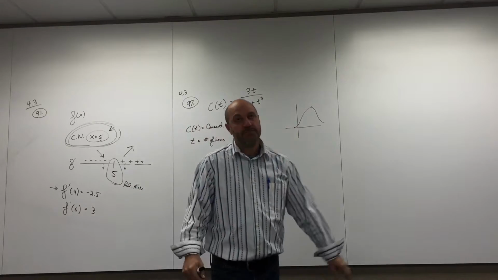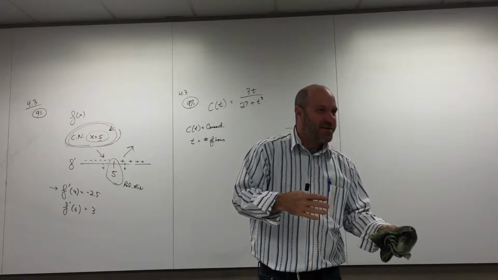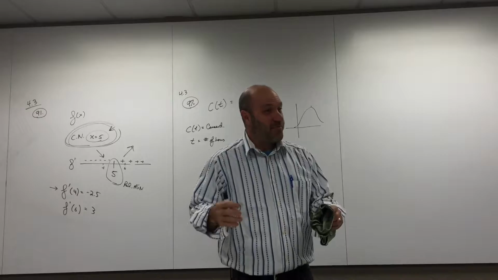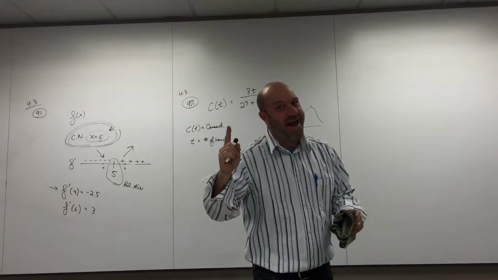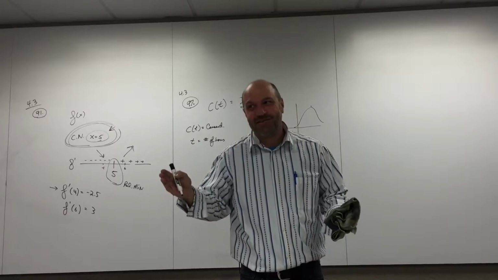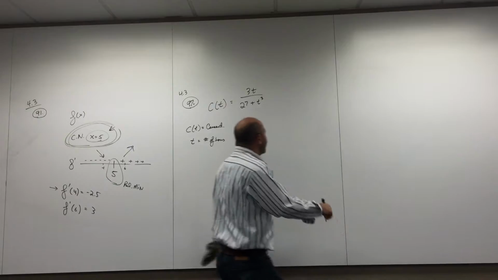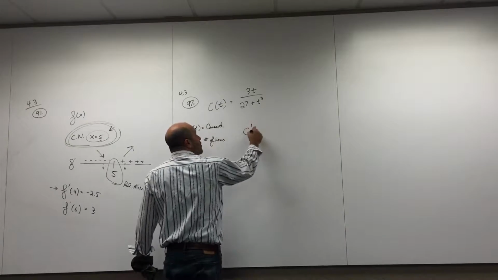And how do we do that? Take a derivative. Set it equal to 0. Look for your critical number. Perhaps that critical number is the max, but perhaps you should test it to see if it's the max. All right, let's just do that real quick. The derivative is a little quotient rule.